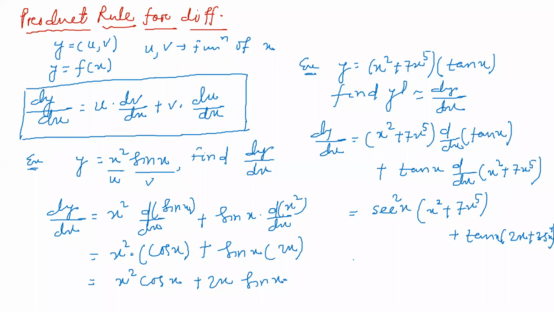So hence the required result, students, is dy by dx is x square plus 7x to the power 5 whole into sec square x plus tan x into 2x plus 35x to the power 4.